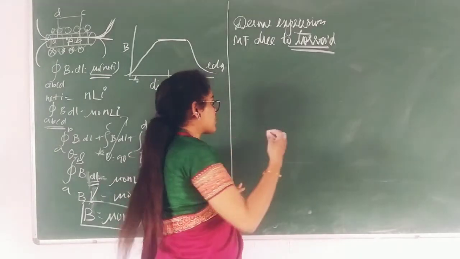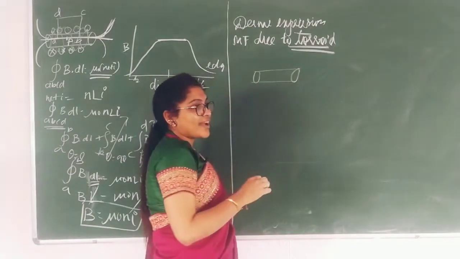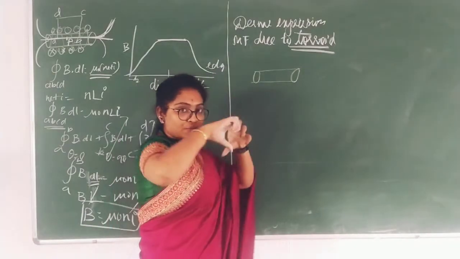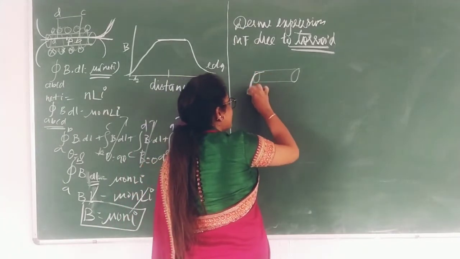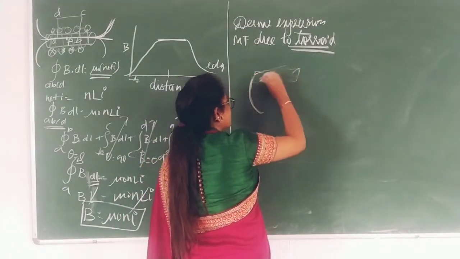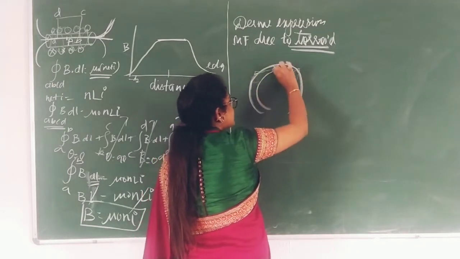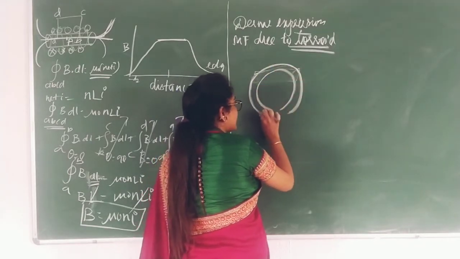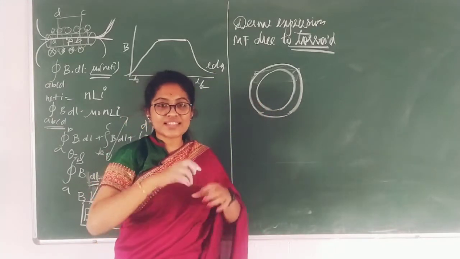You have seen the cylindrical coil in the solenoid. If I bend that cylindrical coil and make it into a circular path, that is your toroid, just like a cycle tube.